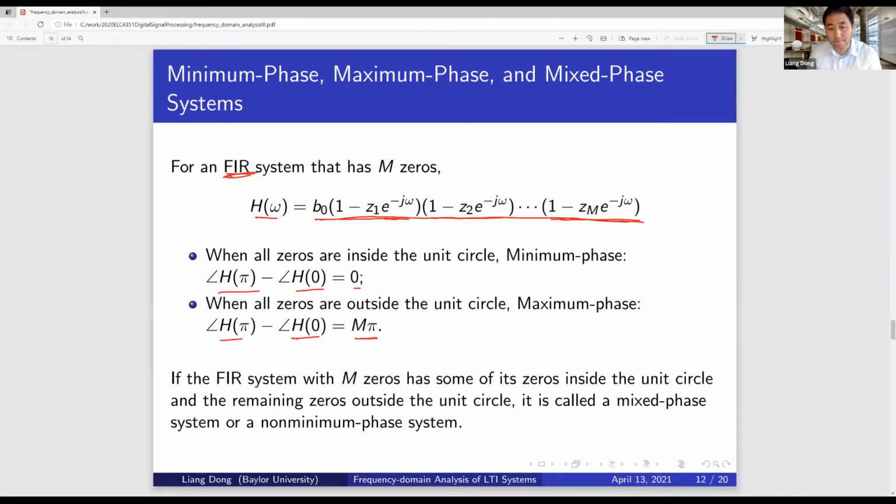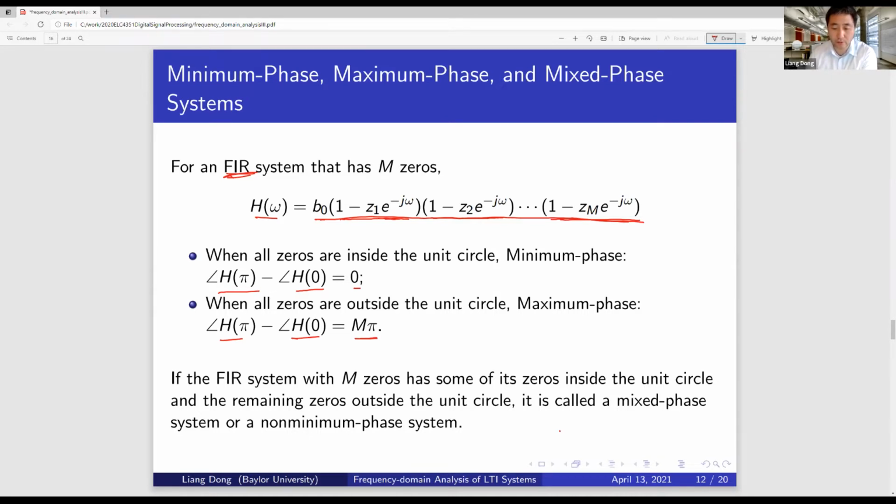So for a system that has m zeros, we have only one minimum phase case where all the m zeros are inside the unit circle. We have only one maximum phase case where all the m zeros are outside the unit circle. How many mixed systems can I have in terms of placement of zeros? Well, each zero has two possibilities for placement, either inside or outside.